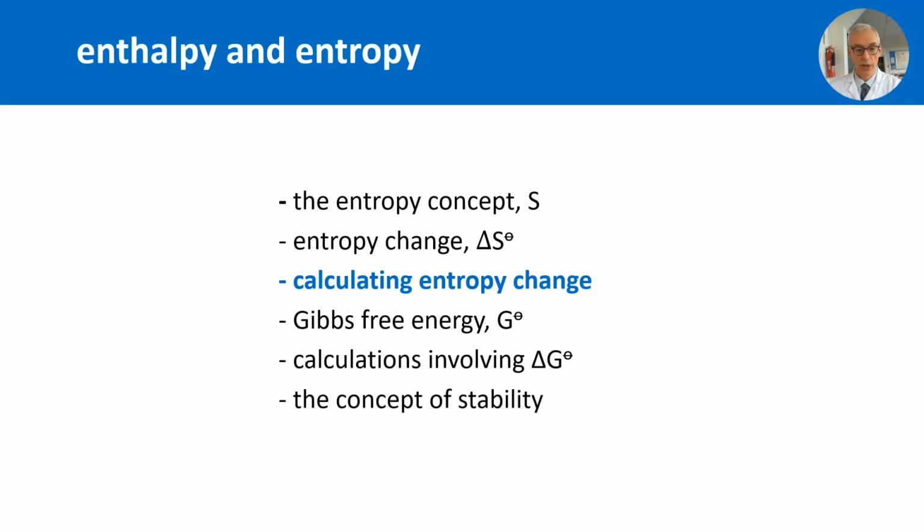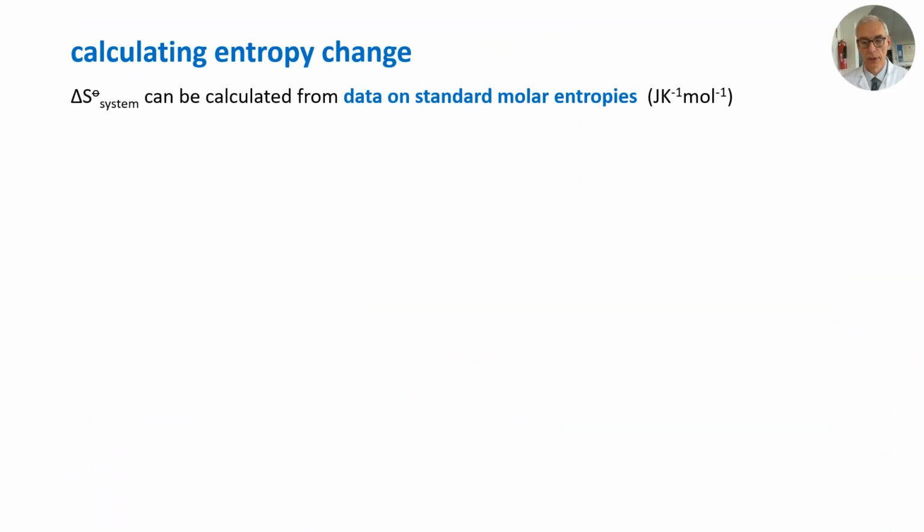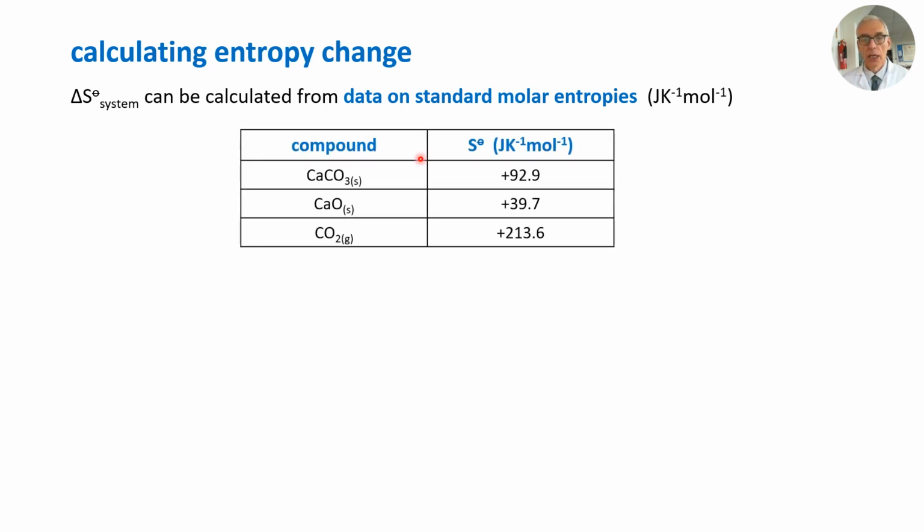So we're now going to look at how to calculate entropy change using standard molar entropies. Provided we have a source of standard molar entropies, we can calculate the entropy change for a system. Very often in exams they're provided for you.